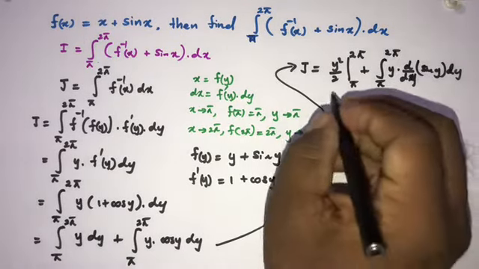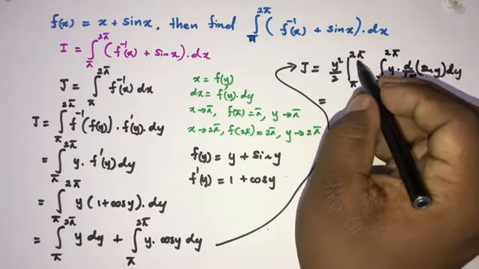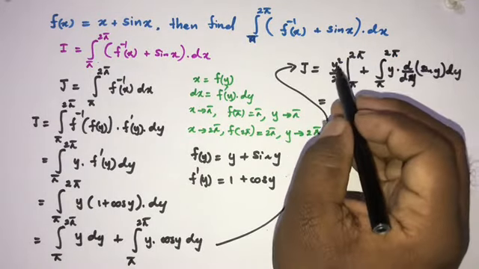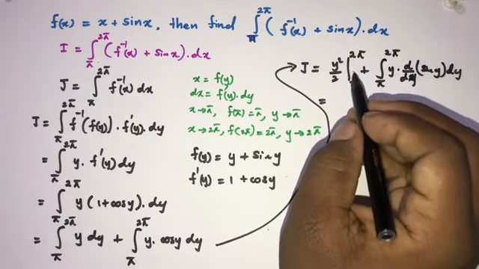Then we can simplify this. If we plug in 2 pi, we get 4 times pi square over 2. If we plug in pi, minus pi square over 2.